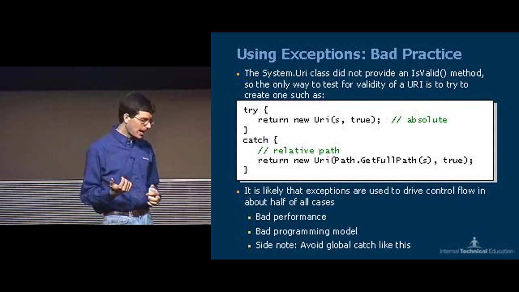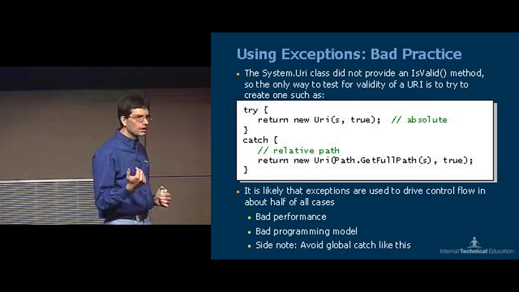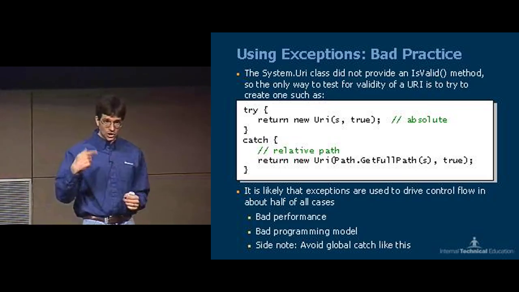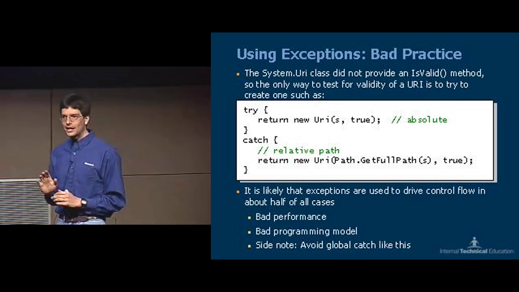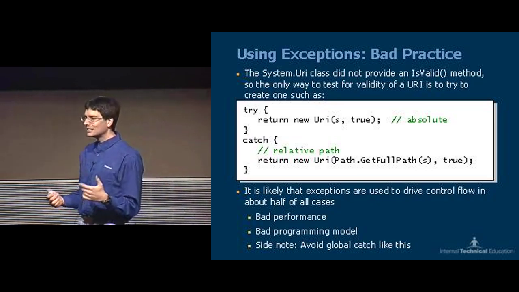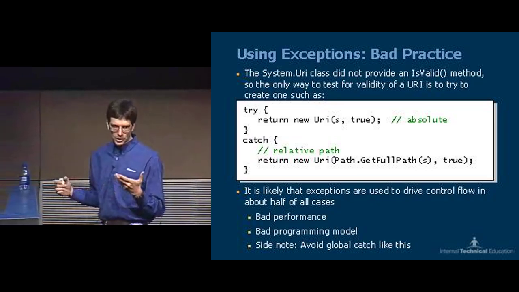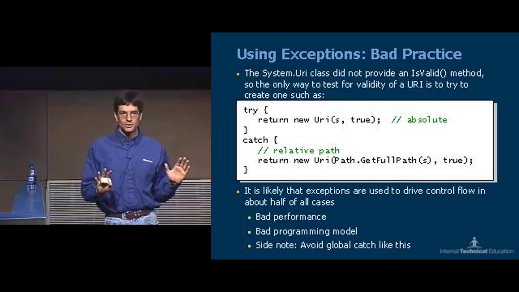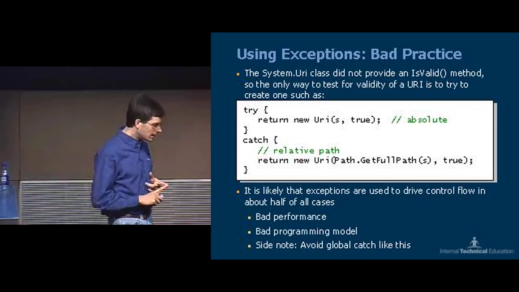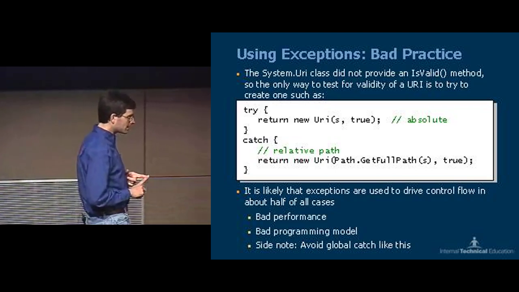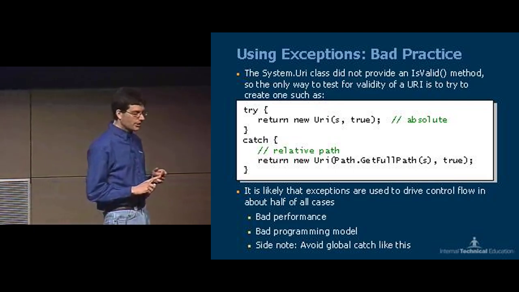In fact, there's a performance counter that checks when exceptions are thrown, even if they're thrown and caught somewhere else. So I encourage you to see if you can write some base level scenario with your framework so it doesn't ever throw an exception. And I have a couple of reasons for suggesting that. One is there's just a performance problem.